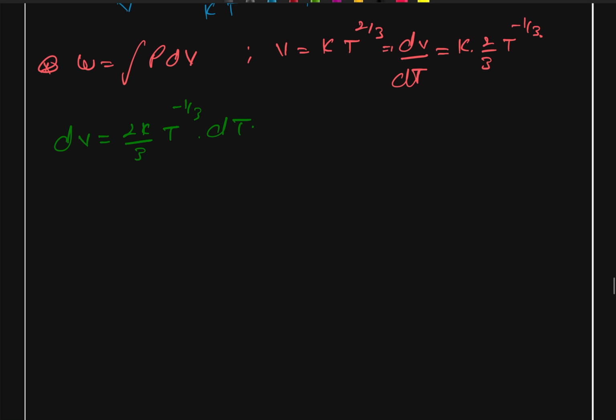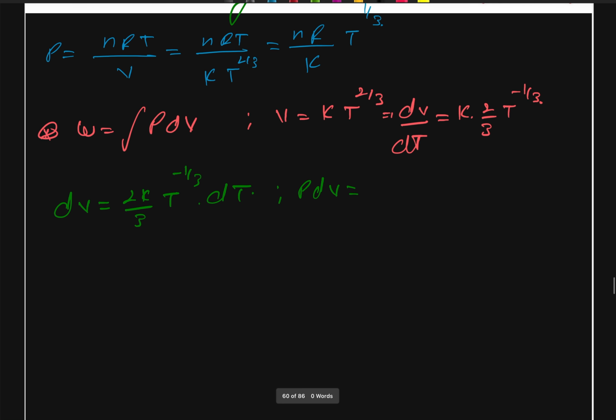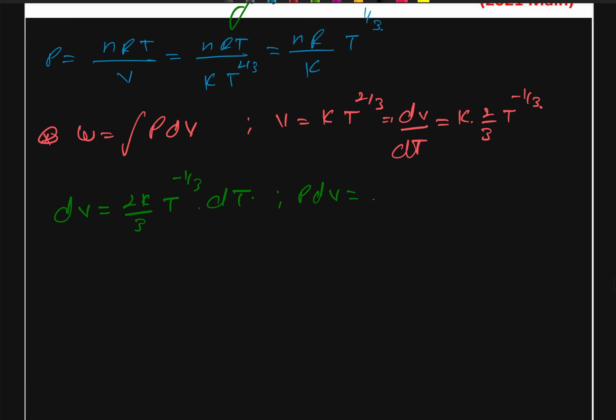So we get from our PdV, and pressure we also know in terms of temperature, so we can write this as nR upon K T raised to power 1 by 3, and dV is 2K by 3 times T raised to power minus 1 by 3 times dT.